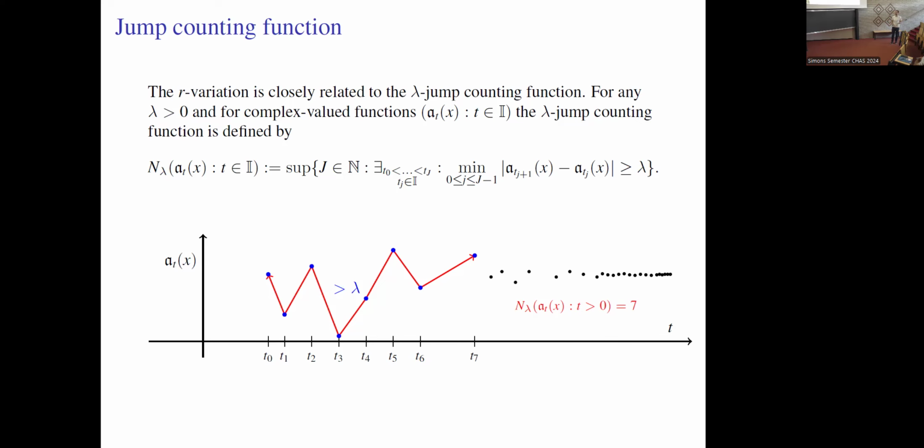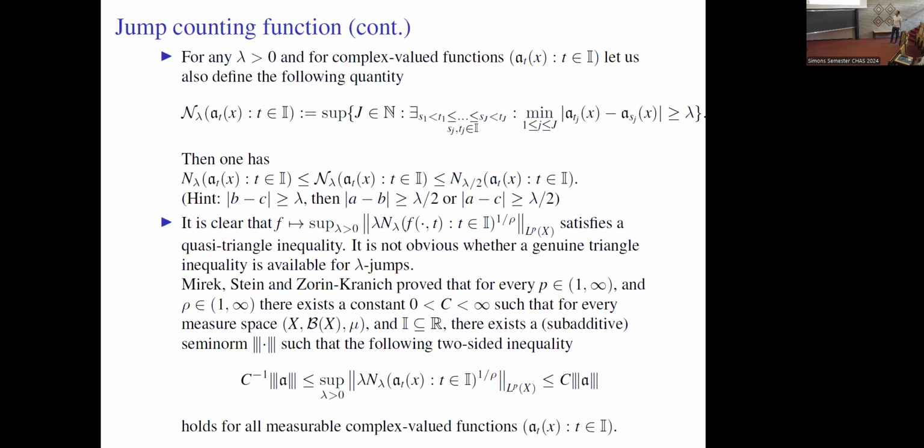Okay, and this is a bit tricky, but in fact, what one can do is we can consider a similar semi-norm, which I will call lambda jumps as well. So here the difference is that instead of having consecutive jumps, we allow that the jumps are not consecutive.